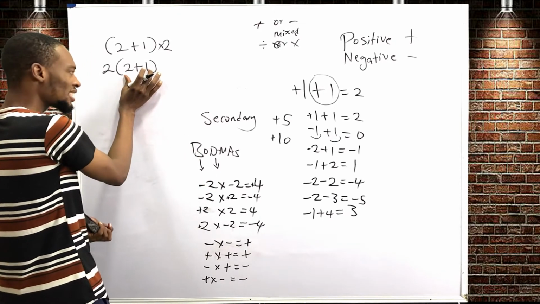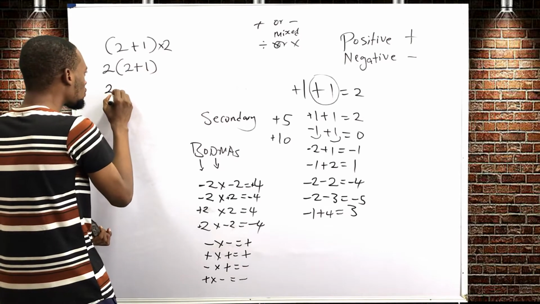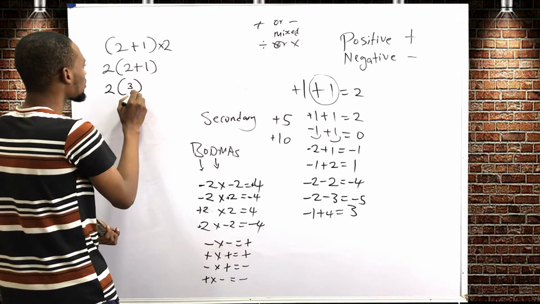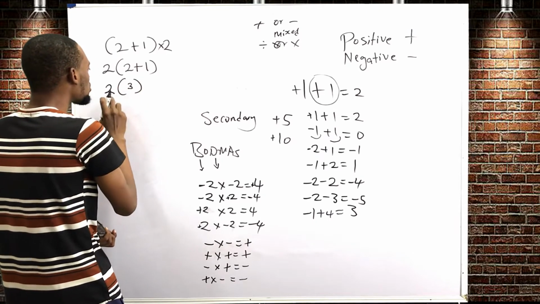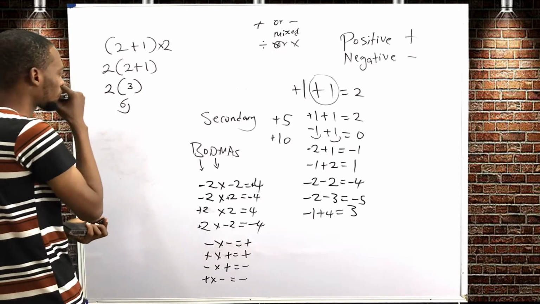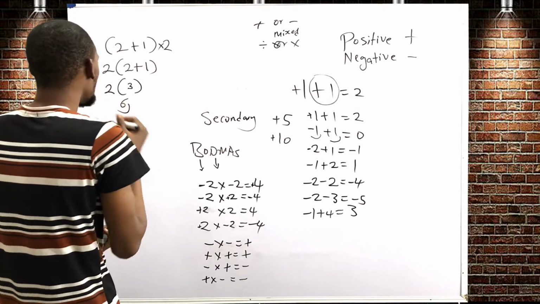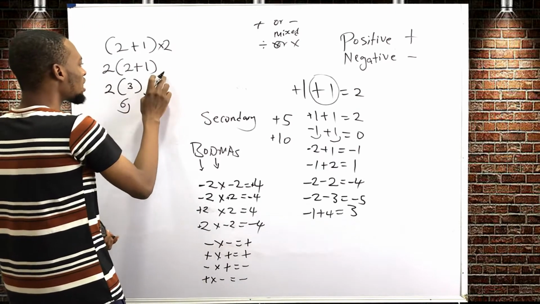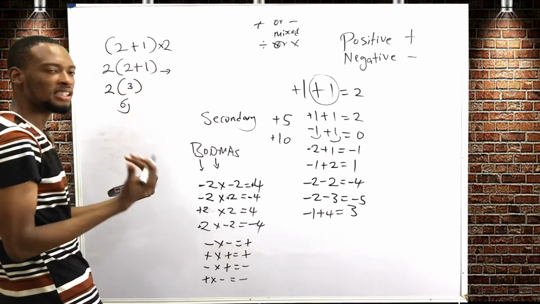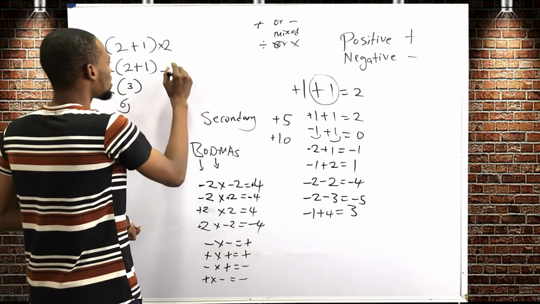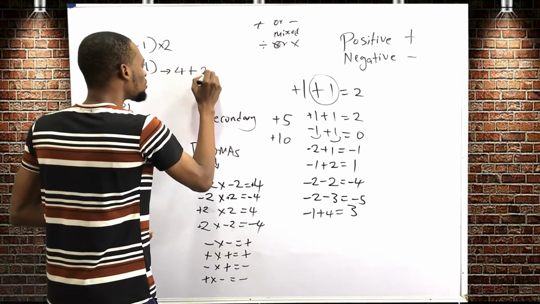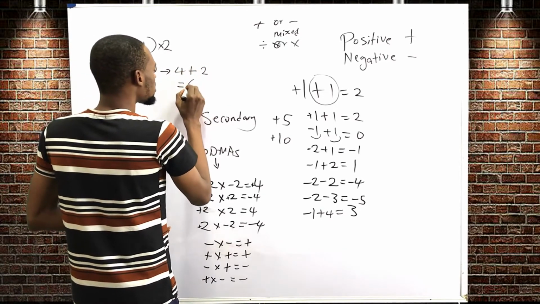Add what is inside. So you have 2 plus 1 is 3. 3 times 2 or 2 times 3 is 6. Or you can multiply this by each of the terms in the bracket. You can say 2 times 2 is 4 plus 2 times 1 is 2. 4 plus 2 is 6.